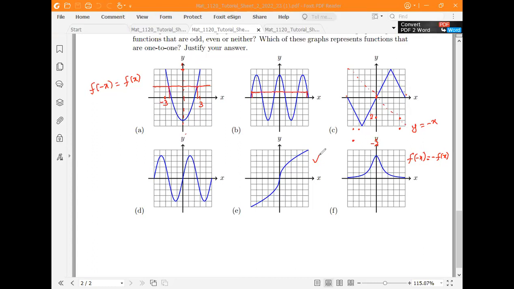But if you look at this one, this value and that value, the difference is also in the sign. The positive one gives us a negative, and the negative gives us a positive. So this should be an odd function also.